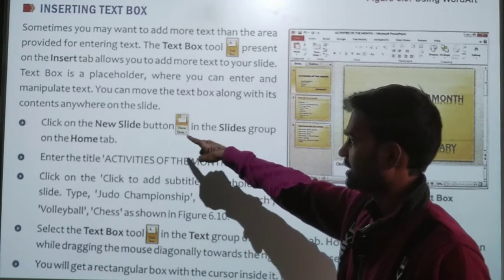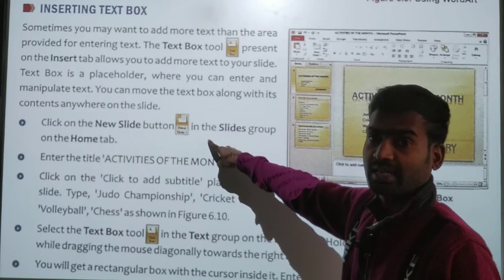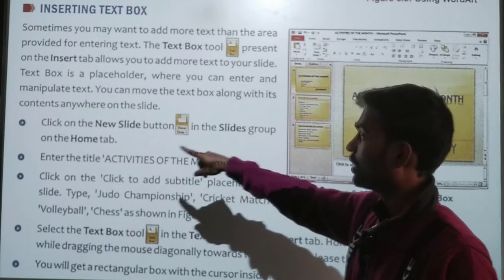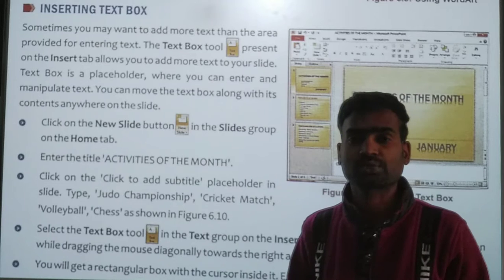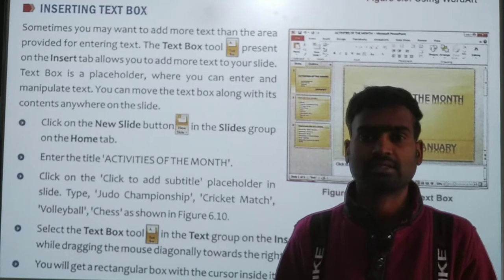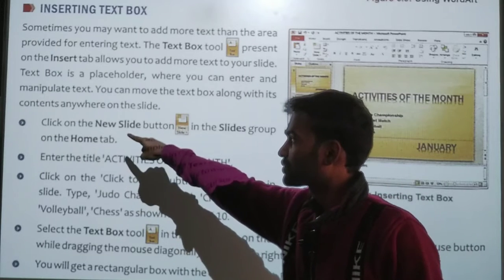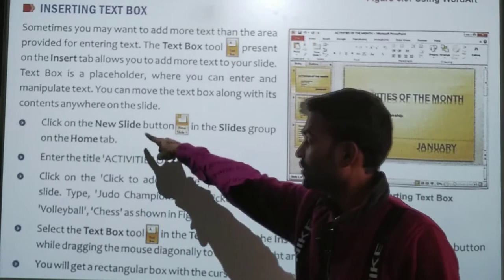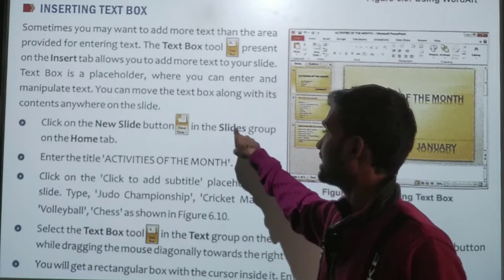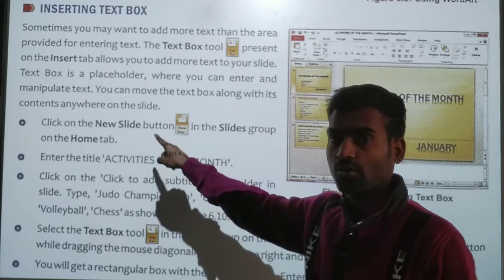Click on the new slide. We can click new slide in the Slides group on the Home tab. There are many ways to create a new slide in the PowerPoint presentation, dear children. The first one is to click on the New Slide button in the Slides group on the Home tab.